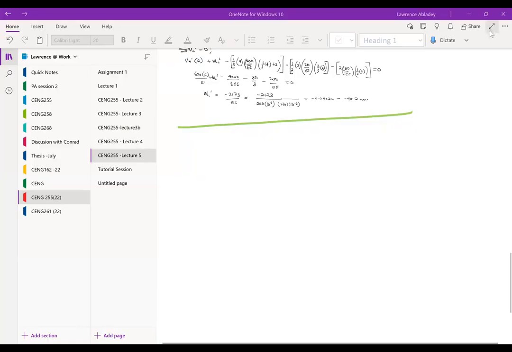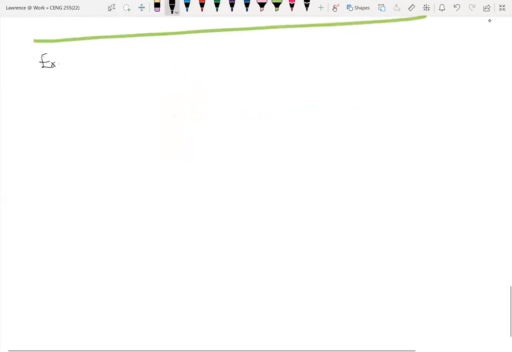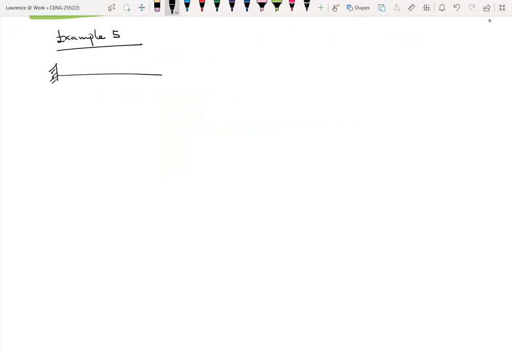Recording. Great. So let's look at example 5. That one is a cantilever with a UDL halfway.